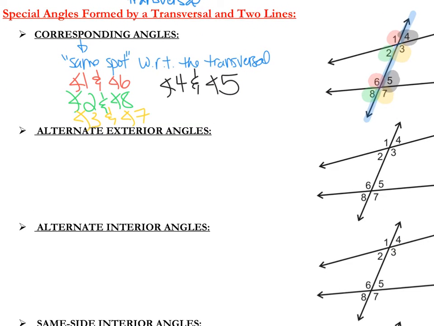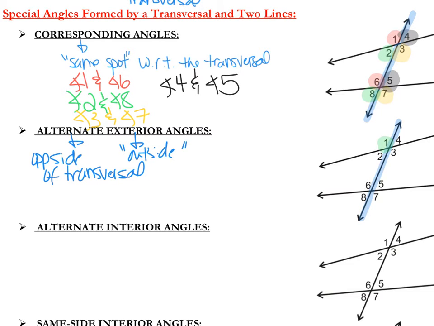Alternate exterior angles. So exterior means outside. So let's go ahead and highlight the transversal. So outside would be 1 and 4 and 8 and 7, so we know that much. And then alternate means opposite sides of the transversal. So let's say I'm starting with angle 1.